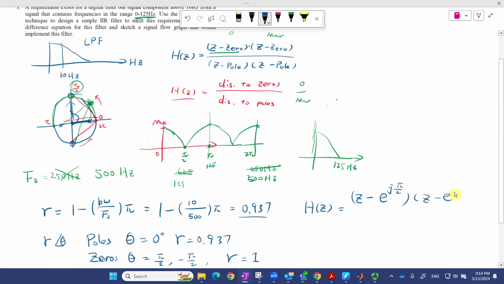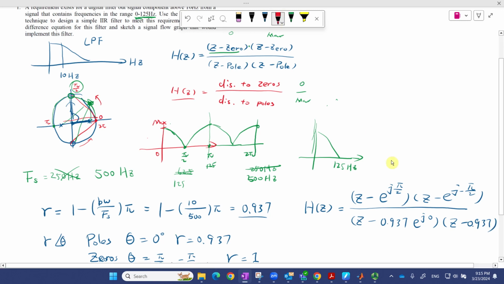Another one is e to the j negative pi over 2, divided by z minus e to the j 0 with magnitude 0.937. Both angles are 0, so e to the 0 is just 1, right? So for the other one, just directly write that number.